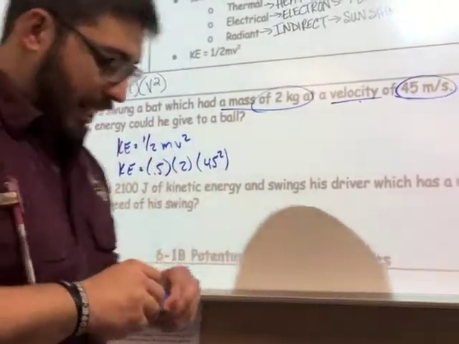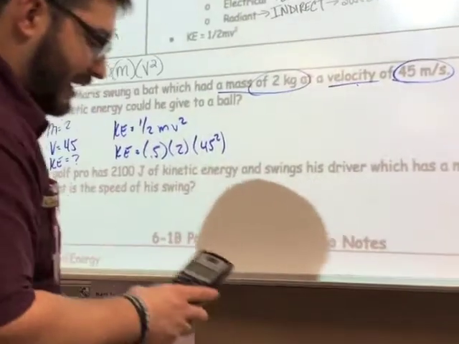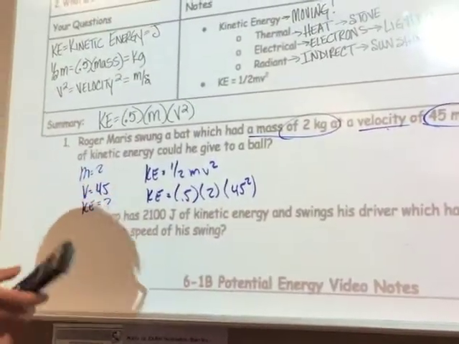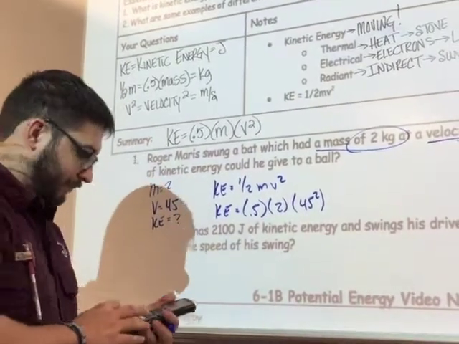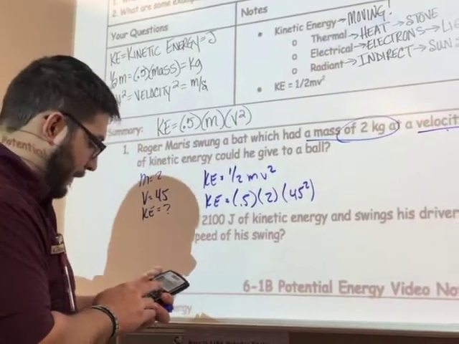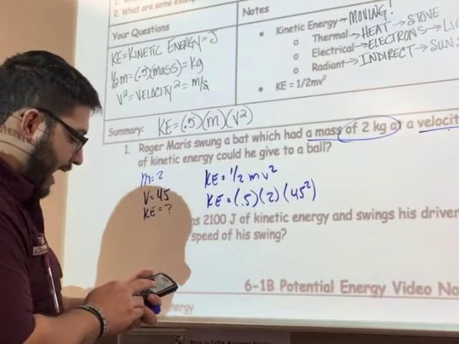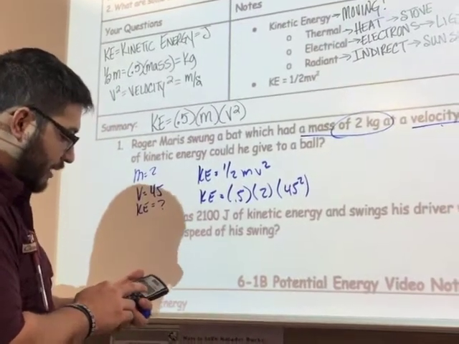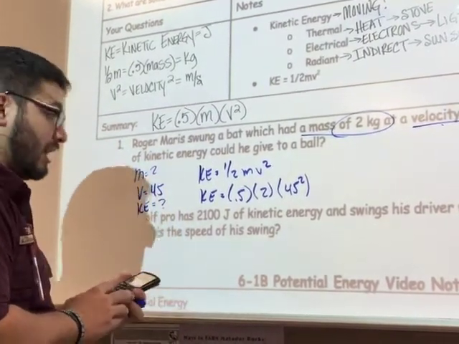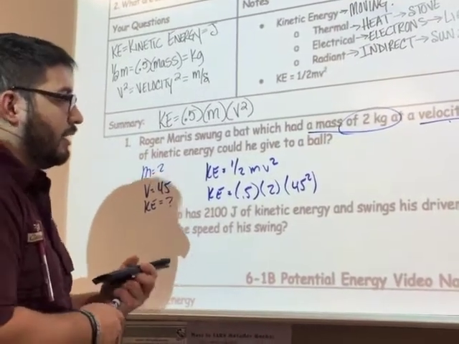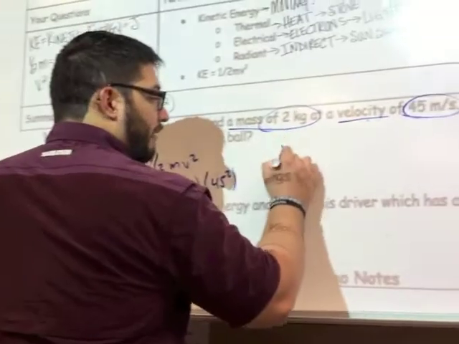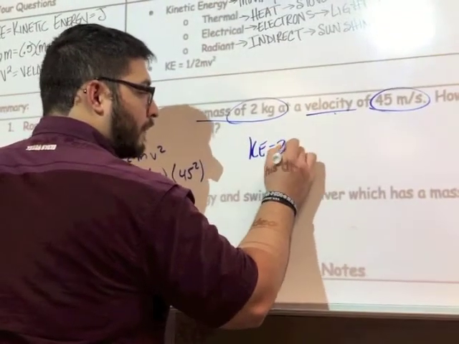We take our handy trusty calculator, and you have your cell phone, which has a calculator on it. So we have 0.5 multiplied by our mass, 2, multiplied by 45 squared, and that gives us 2,025 joules.